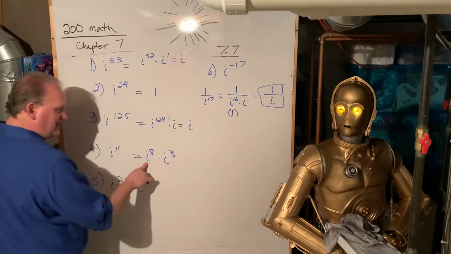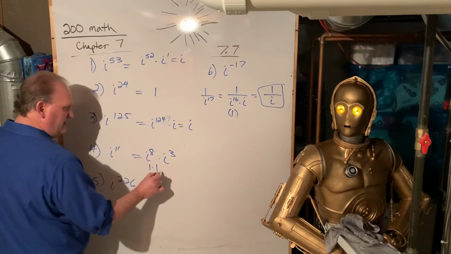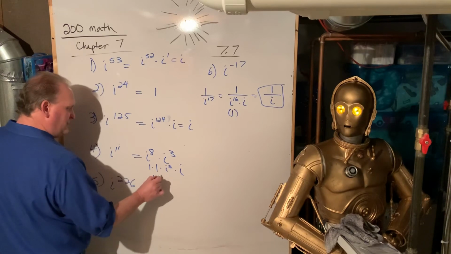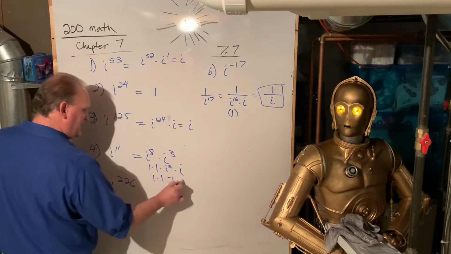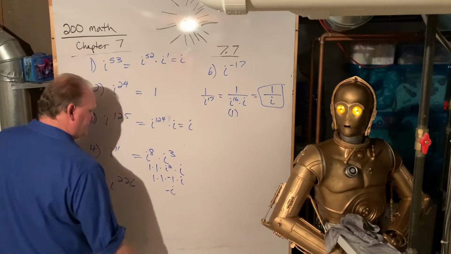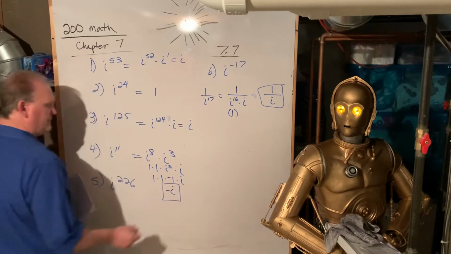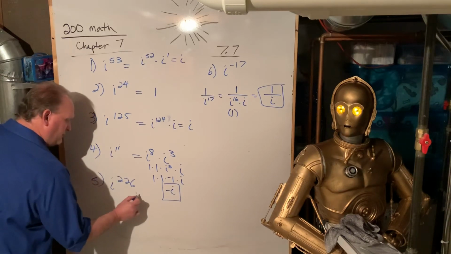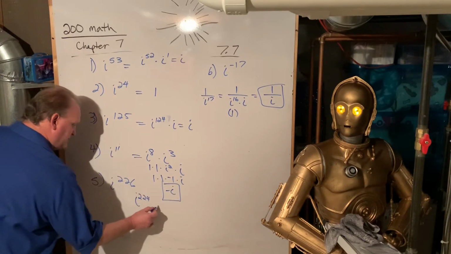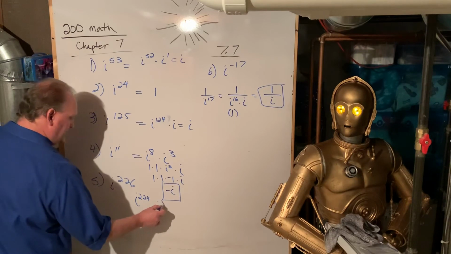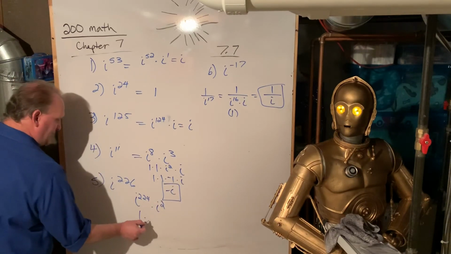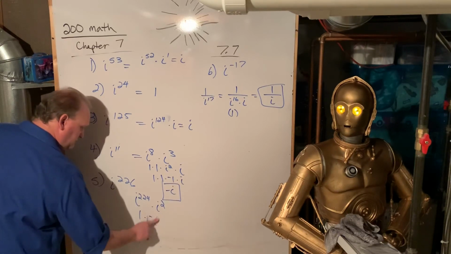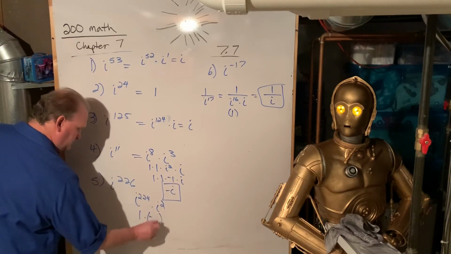That's i to the 8th, that's 1, times i squared times i. So I have 1 times negative 1 times i. That's negative i. i to the 226, that's i to the 224 times i to the 2nd. So this is 1 times negative 1, which is negative 1.